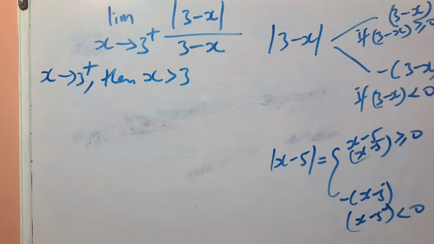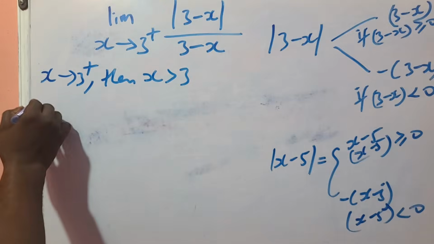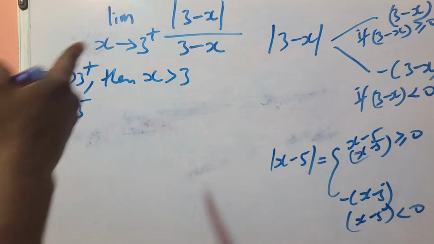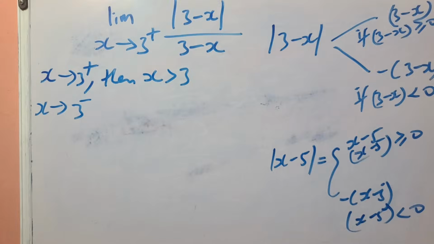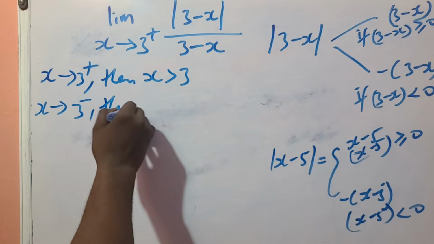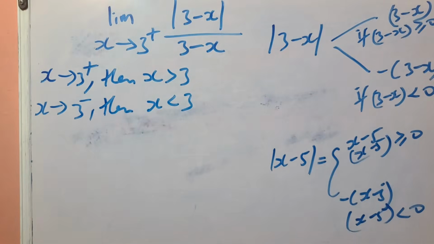Now, this is not part of the question, but let's just act like we wanted to solve it for 3 minus. If you're dealing with 3 minus, in that case, x is less than 3. All right.